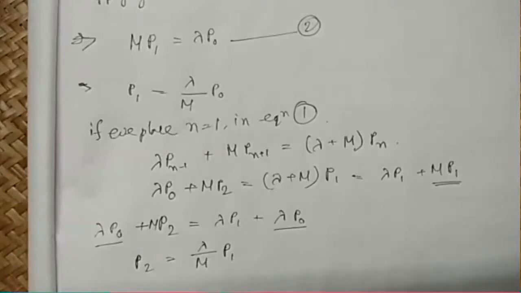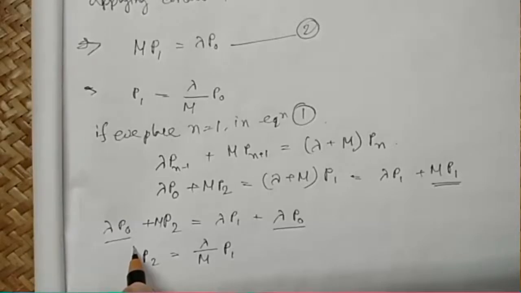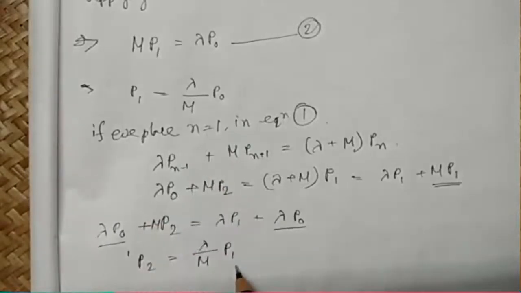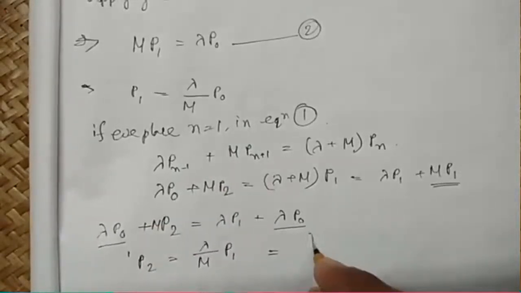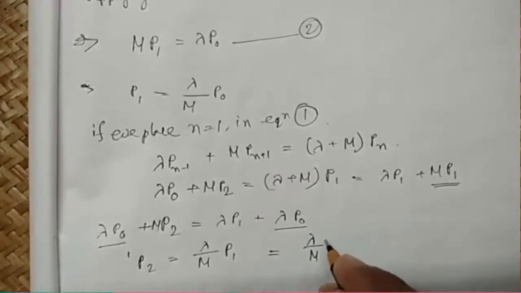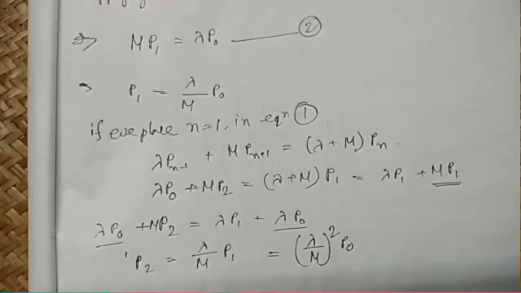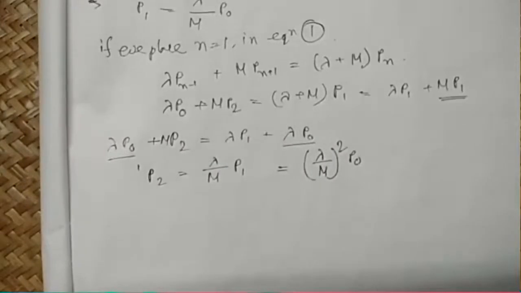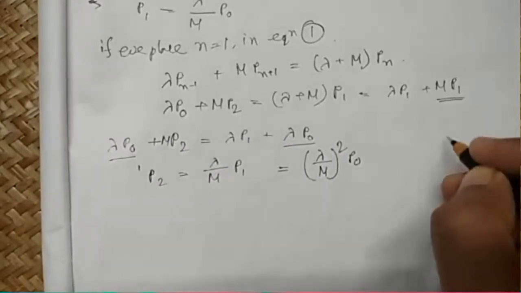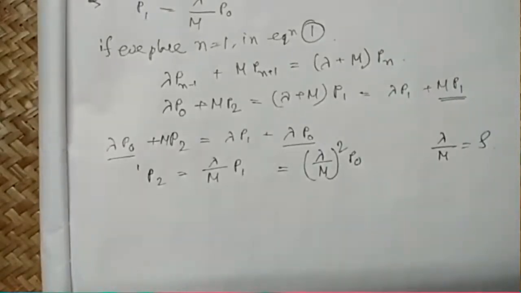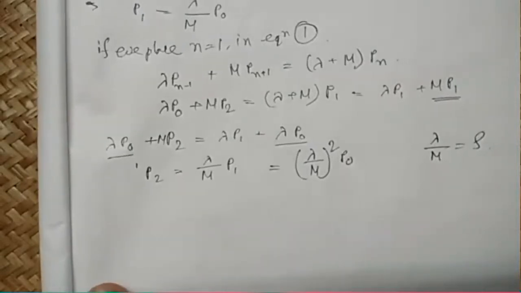Now if we put the value of P1 from here to here, what we get? Lambda by mu whole square into P naught. So from these two equations, what we can get? We can remember that lambda by mu is given as rho, which was traffic intensity, which we did in the previous class.